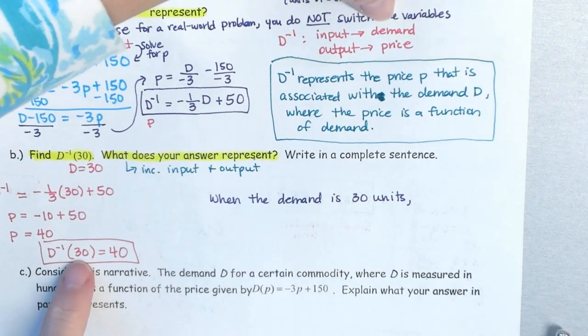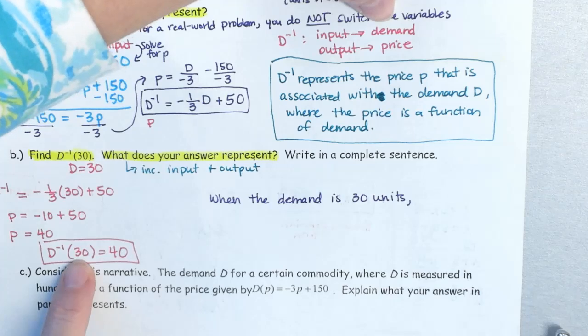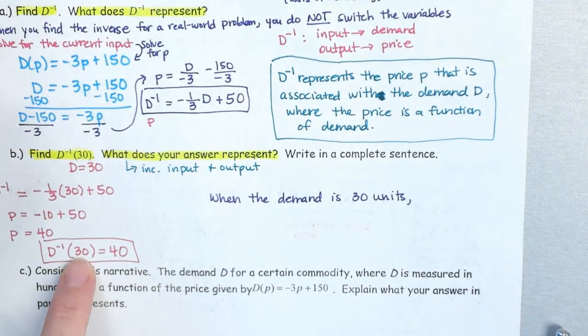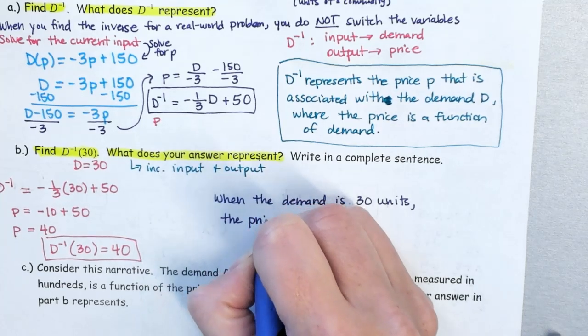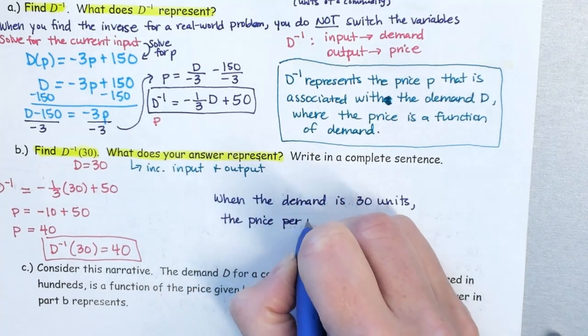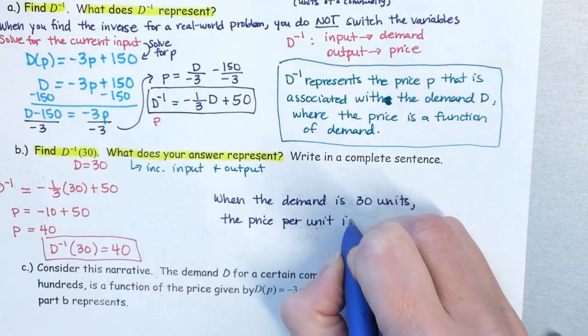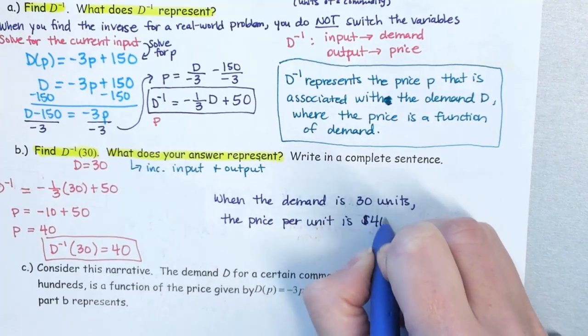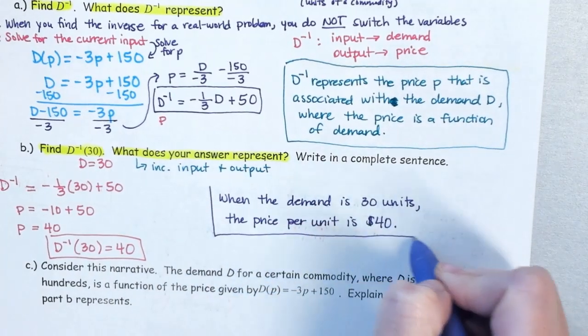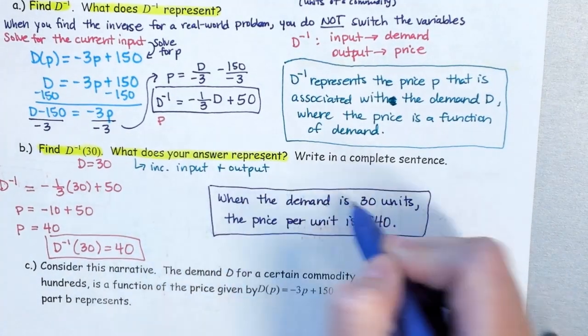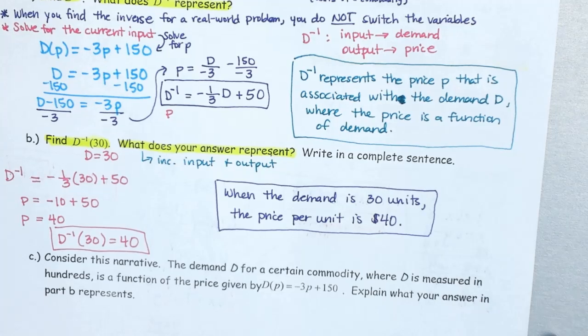So you can see that 30 is the input, right? So when the demand is 30 units, the price per unit is $40. Okay, and make sure that you do include your units in your answer.